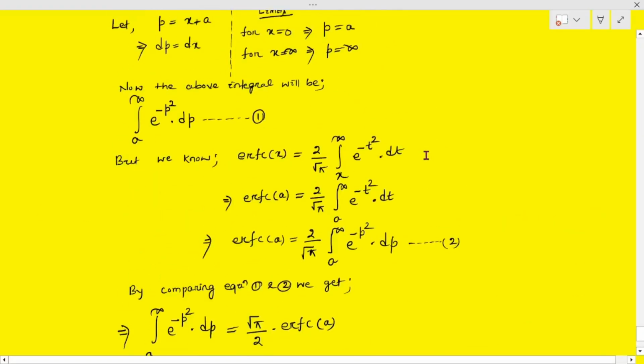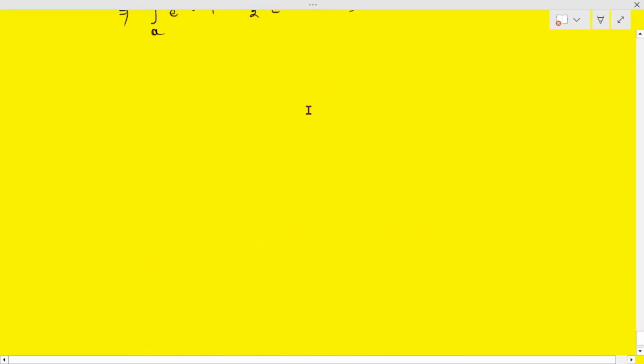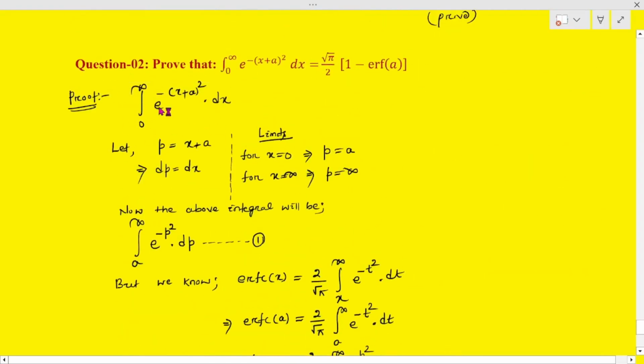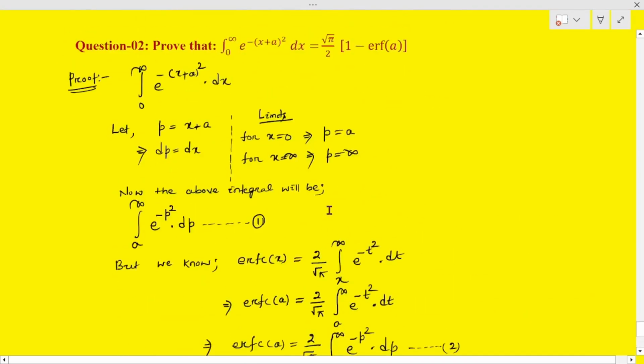So here we had to prove this one. From this integral we found this one, hence proved.